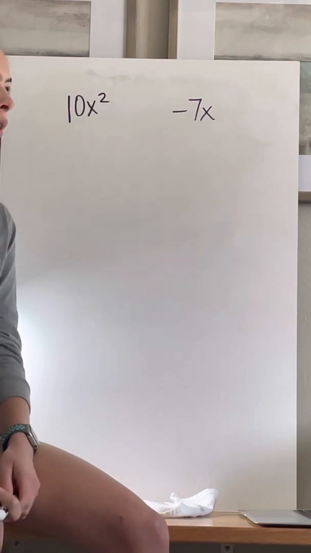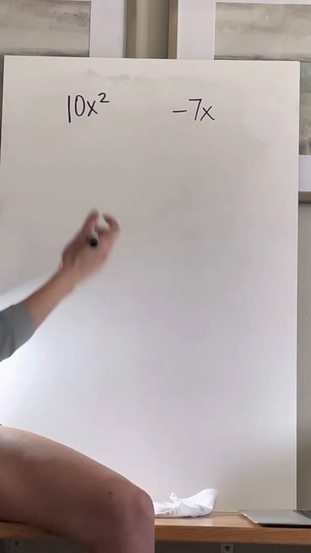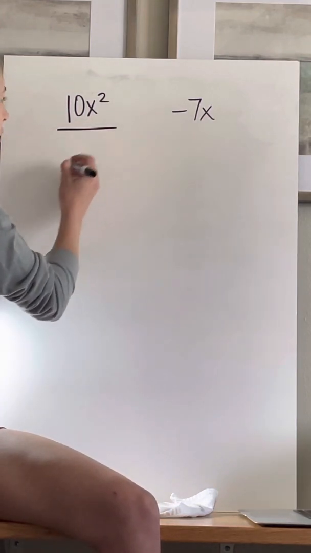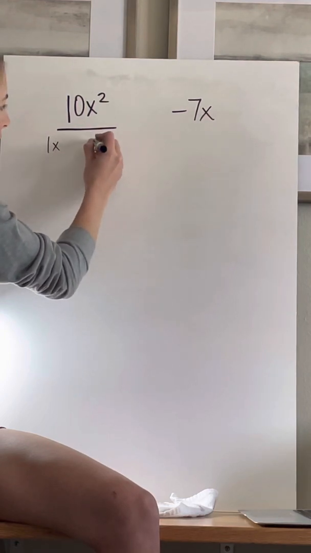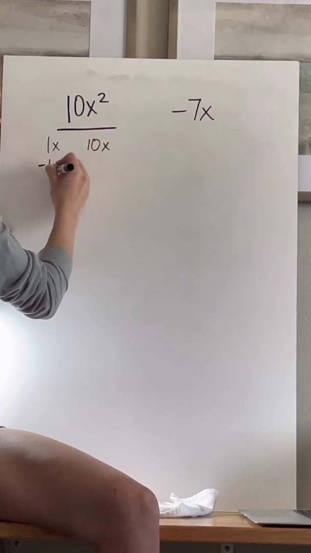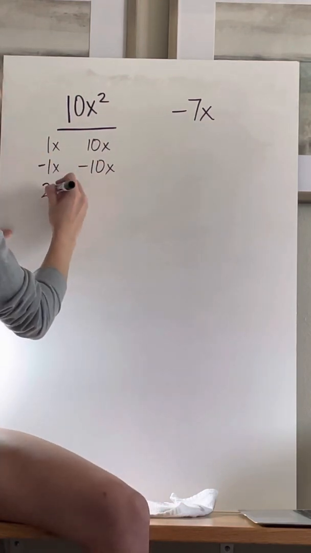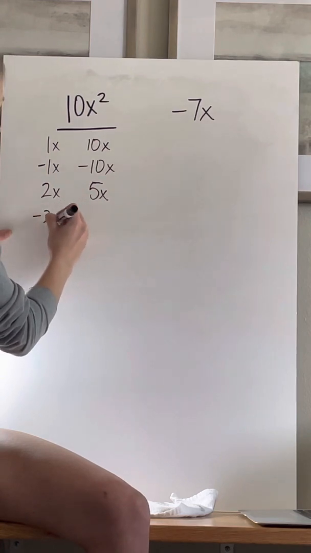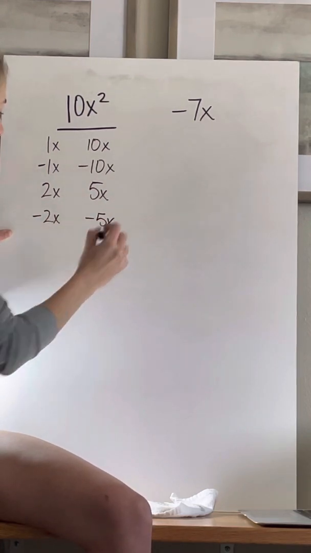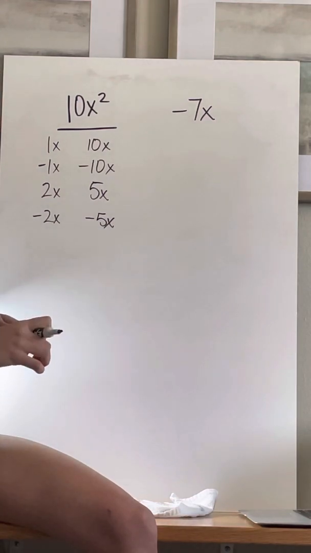So we'll go through this and then I'll tell you the trick. So right now let's list the multiples of 10x squared. We have 1x, 10x, negative 1x, negative 10x, 2x, 5x, negative 2x, negative 5x. All right, so those are our multiples.